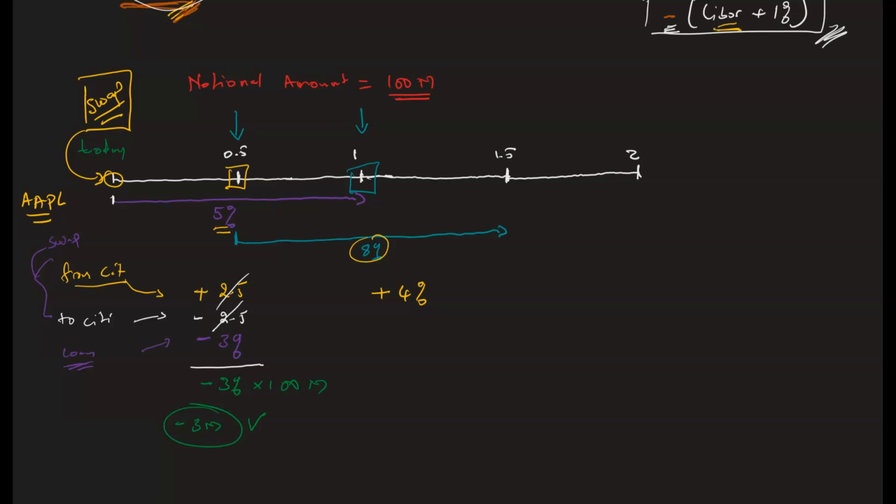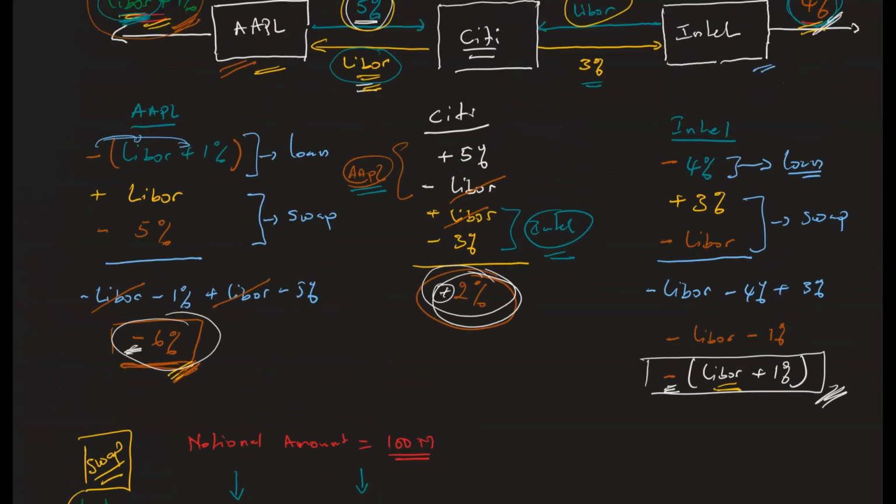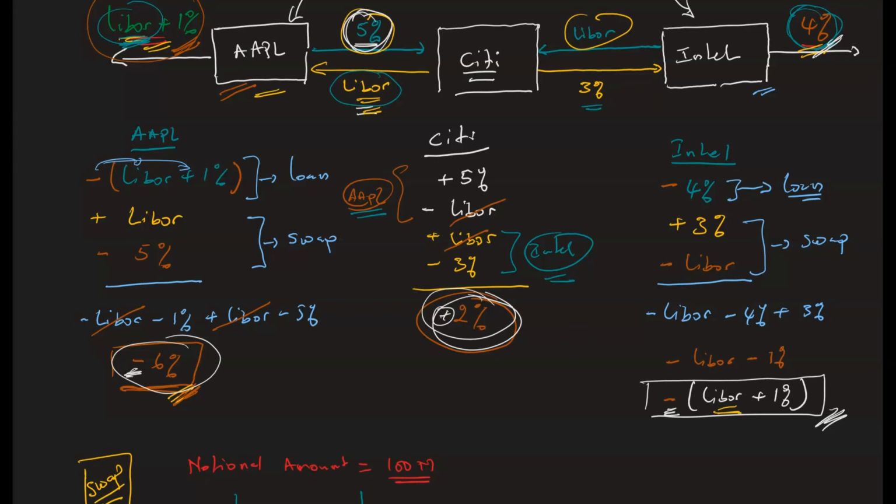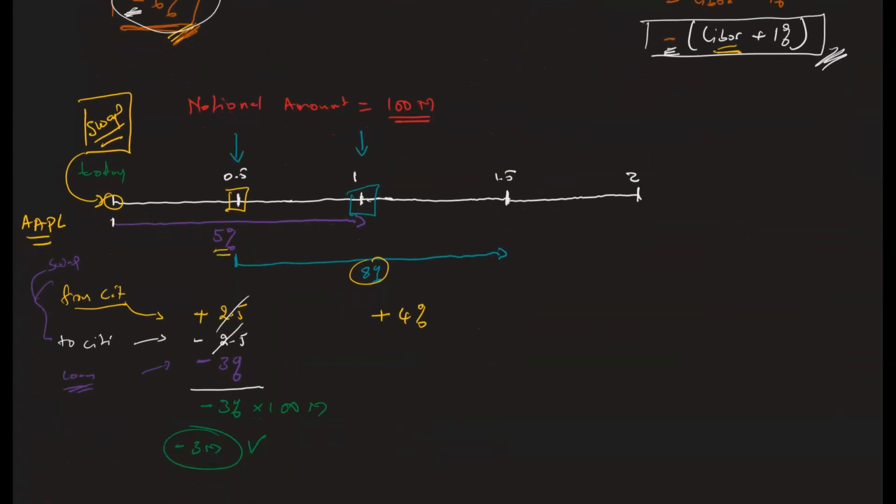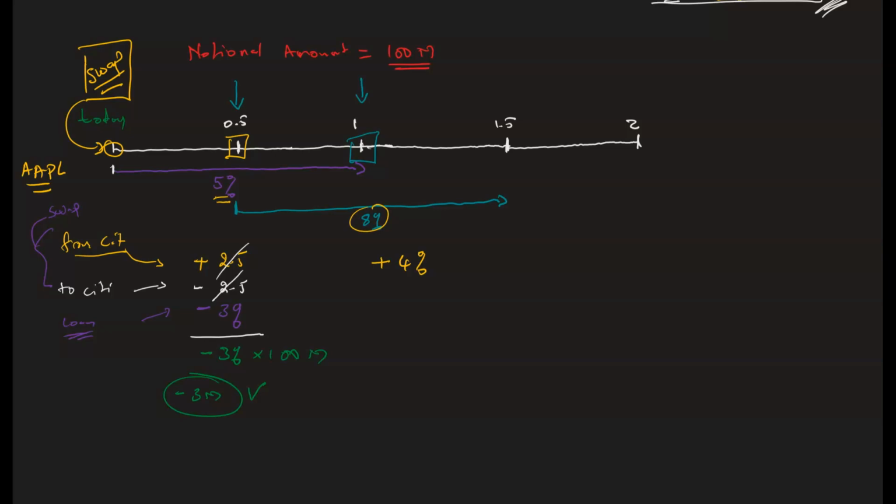And Apple is going to be paying to Citi 5%, the fixed rate, so they're going to be paying minus 2.5%.